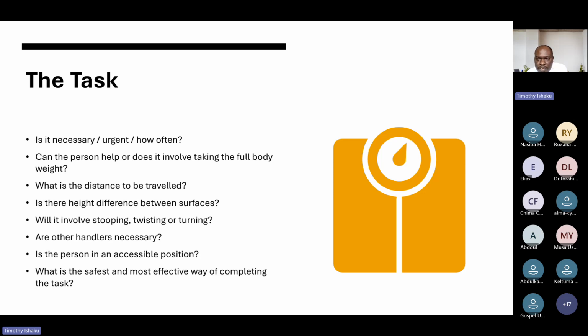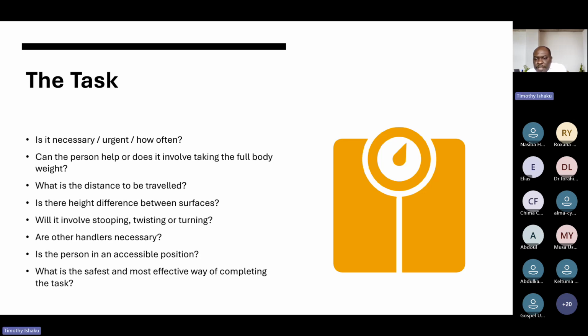Do you need to adjust it? Will it involve stooping, twisting, or turning? And we talked about the implications of stooping or bending, turning, or twisting. So think of the task. Does it involve any of these things and what is its implication to the individual who is doing the task?